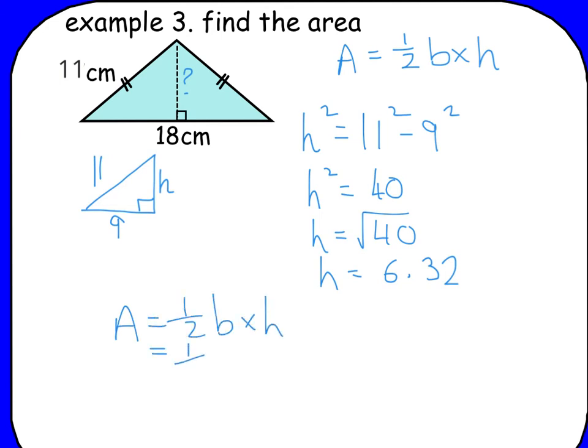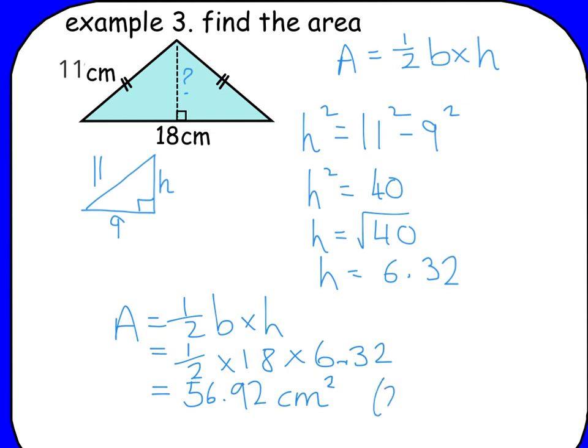So the area is a half times my base of 18 times the height we just worked out to be 6.32. And that gives me a total area of 56.92 centimetres. Now units should have a little squared on it, so it's actually square centimetres when you're talking about area. And again, that is to 2 decimal places.